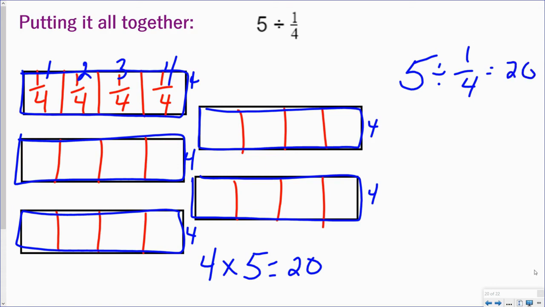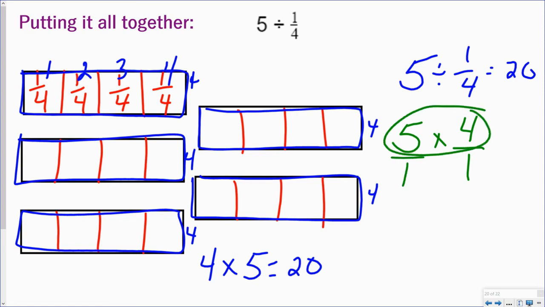Now, let's talk about the multiplicative inverse and how that plays a role. So I'm going to keep my 5 just the way that it is. Multiplicative means that I'm going to change this to multiplication, and inverse or reciprocal means that I'm going to flip this into 4/1. I know that 5 is the same as 5/1.